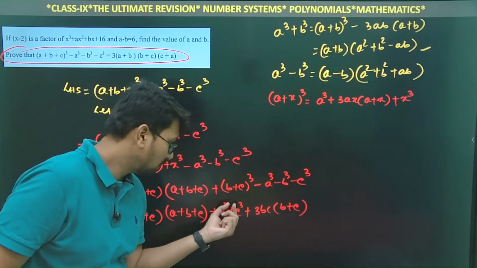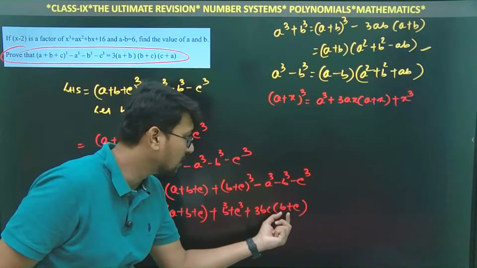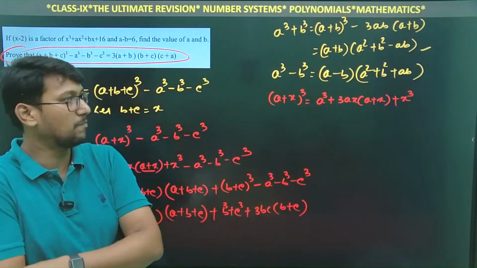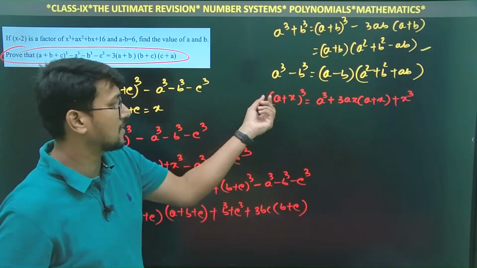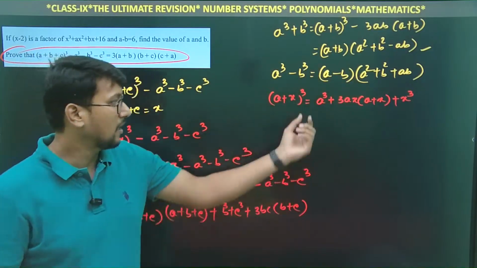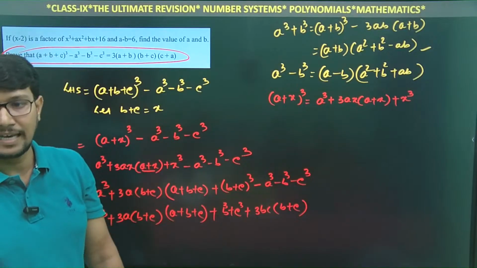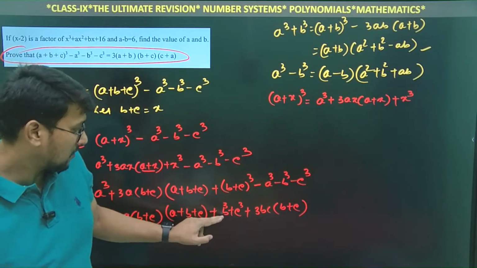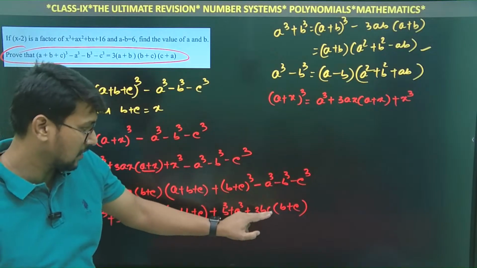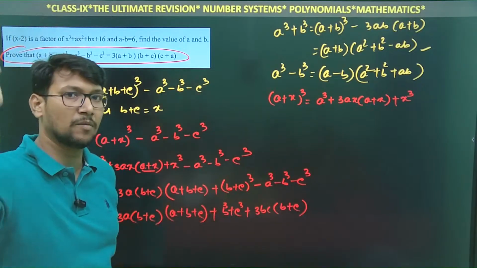That is like a plus x whole cube, the way we have written: a cube plus x cube plus 3 into ax into a plus x, right? Is that clear? b cube plus c cube plus 3bc into b plus c. Clear? Yes or no, tell me.